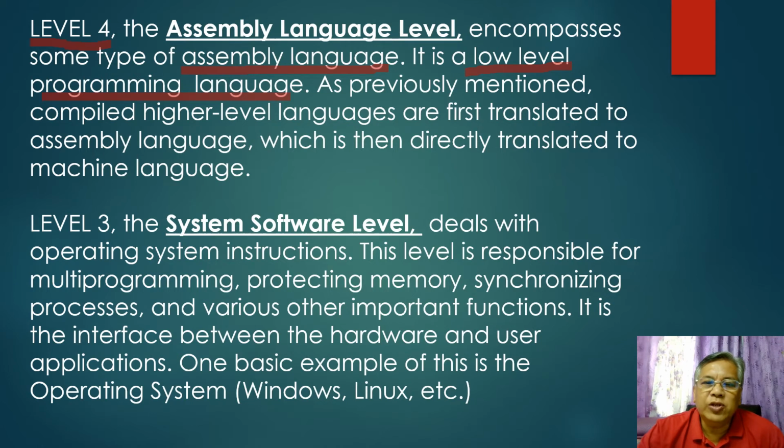As previously mentioned, compiled higher-level languages are first translated to assembly language, which is then directly translated to machine language. So from high-level language, it is converted into the assembly language level, which creates the assembly code, and this assembly code will now be interpreted by your machine.